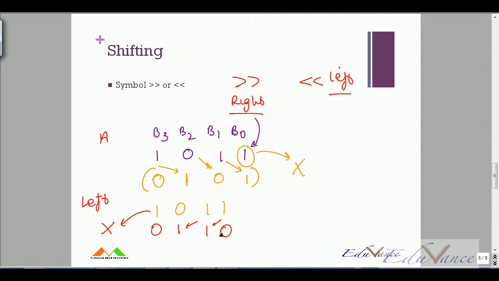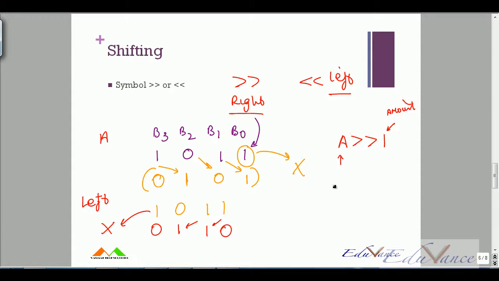Now typically if I would use right shift, I would write it as A right shifted by 1. So this is the source byte or source data, and this is the amount with which I would like to shift this.